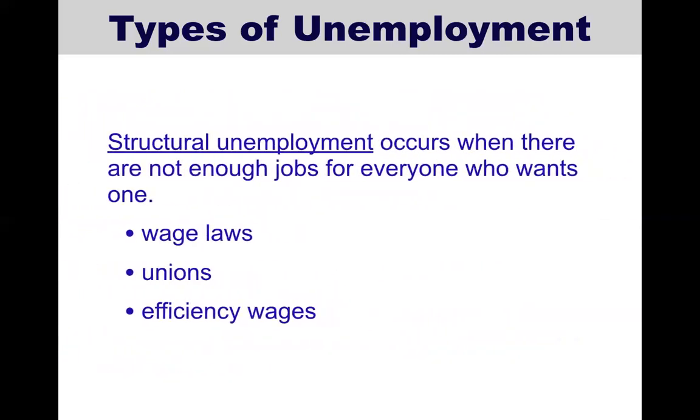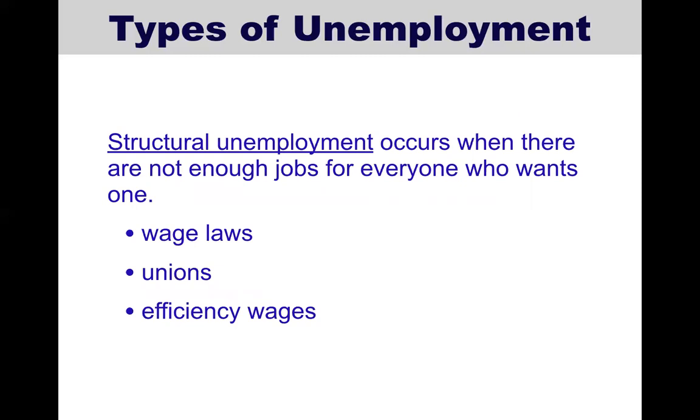Structural unemployment is a type of unemployment that occurs when the wages that are paid are higher than equilibrium. So if you've taken microeconomics, you know that supply and demand essentially work together to find, through the invisible hand of the economy, an equilibrium price.